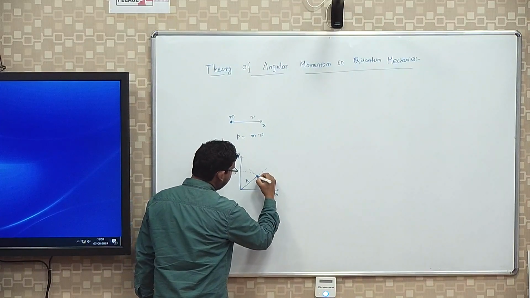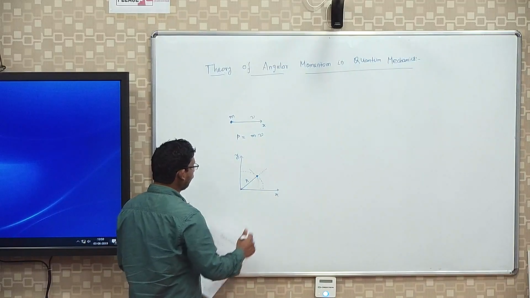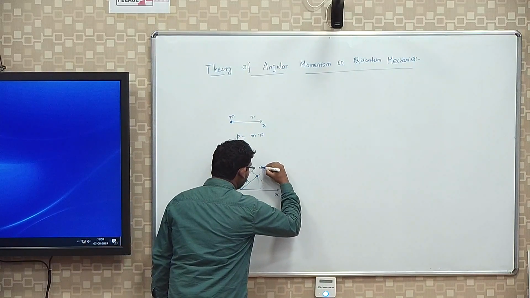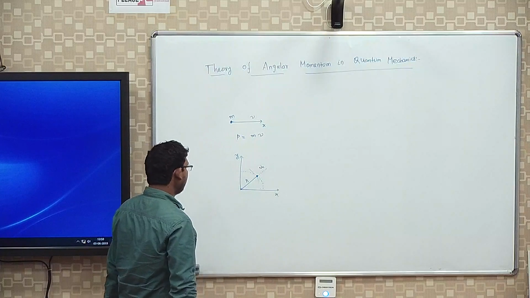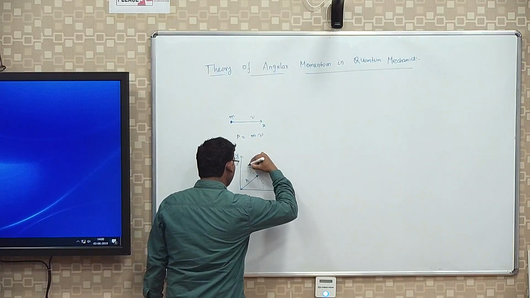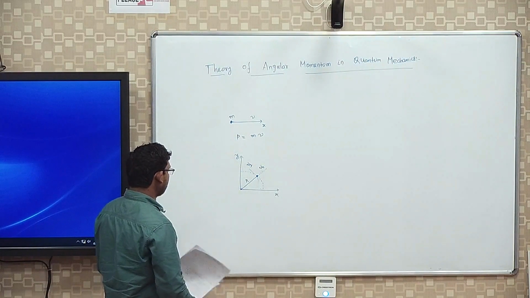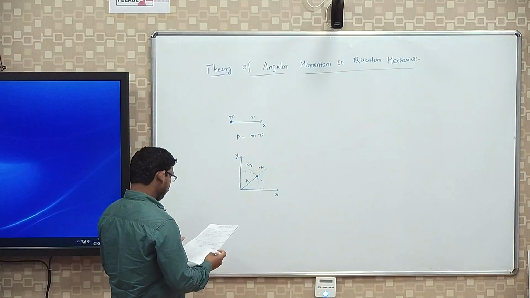The velocity of this particle has two components: one is called the radial component, that is parallel to the radius of the circular path, and another is perpendicular to the radius of the circle r.